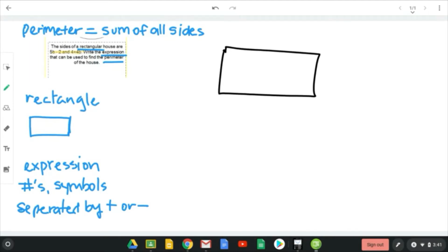And I'm also going to label this rectangular house as side lengths 5b minus 2. And if this side is the same as this side, then it's also 5b minus 2. And then on the other two sides, I'm going to put 4 plus 4b and 4 plus 4b.